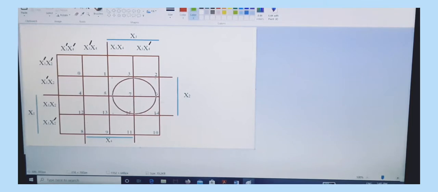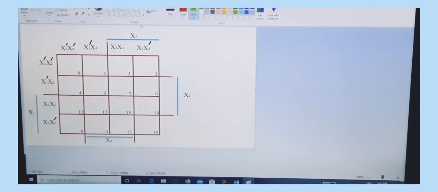Here you can see this corresponds to x2 here, and this corresponds to x3 here. So it is the intersection of those two. Therefore, these 4 cells corresponding to x2, x3. So in that way we can take 4 cells.